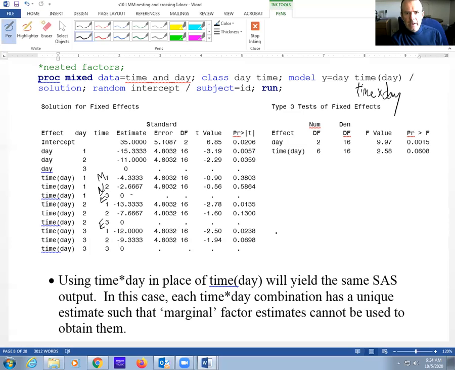Now it's true what you're saying, Benjamin, that in general we don't recommend taking out a main effect if there's an interaction term, which essentially that is, right, time by day. But I've written it clearly here so that we're showing that we're dealing with the nested model.